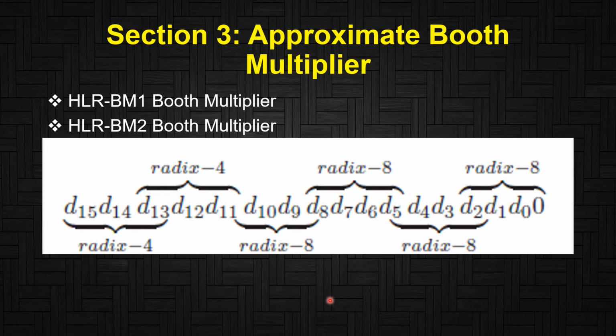R8-ABE2 is based on a simple yet efficient approximation approach. As opposed to R8-ABE1, the input combinations are approximated to two different values instead of plus or minus 1. Here we use plus or minus 2. So 0101 and 1010 are approximated to plus or minus 2 respectively, whereas 0110 and 1001 are approximated to plus or minus 4 respectively.